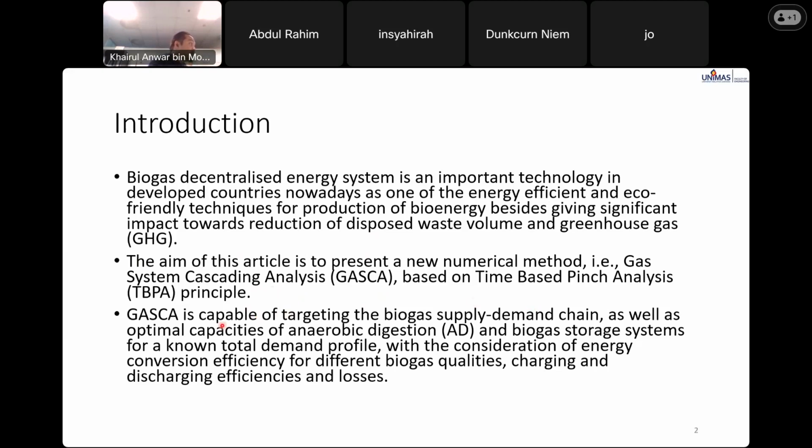GSCA is capable of targeting the biogas supply-demand chain, as well as the optimal capacity of anaerobic digestion and biogas storage system for a non-constant demand profile, with the consideration of energy conversion efficiency for different biogas qualities, and charging and discharging of biogas end users.